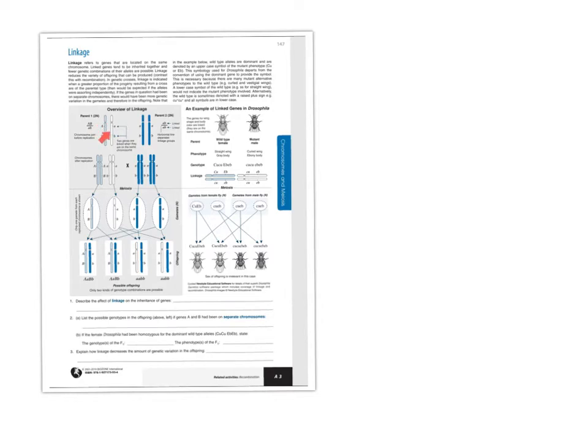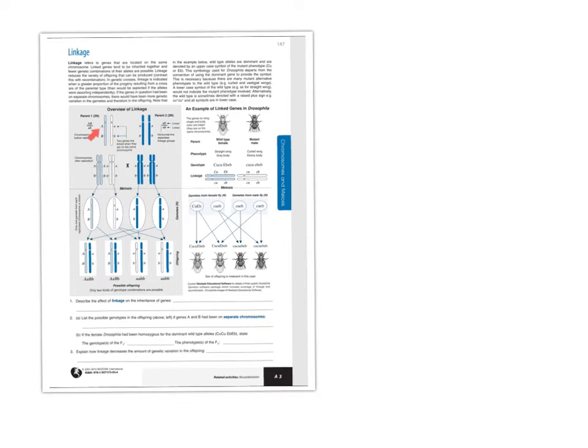You'll notice that the genes A and B are found on the same chromosome. So the A and B are linked. Big A and big B are linked, and little a and little b are linked. Here again, little a, little b are linked.